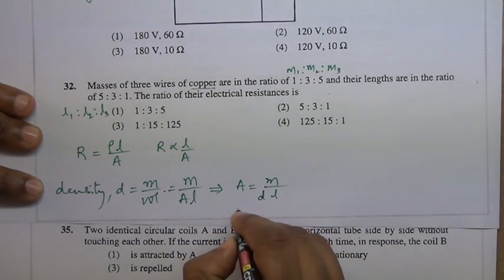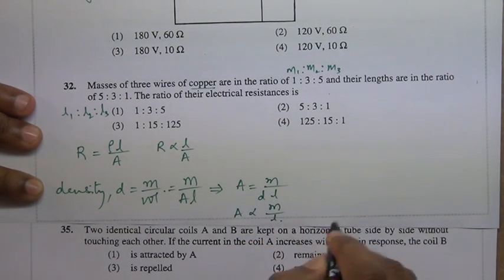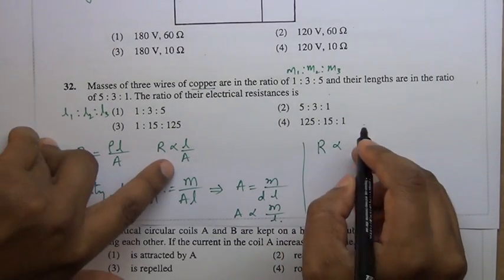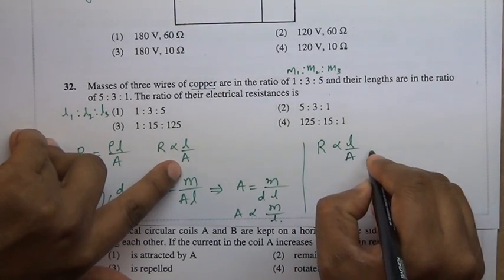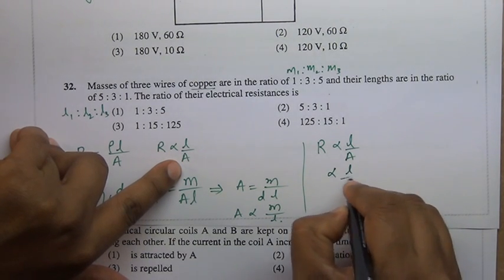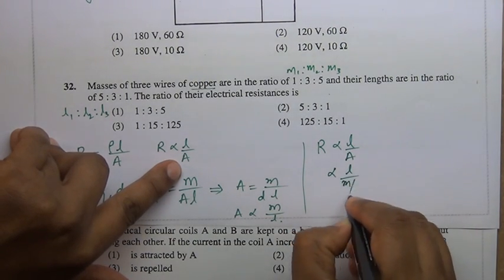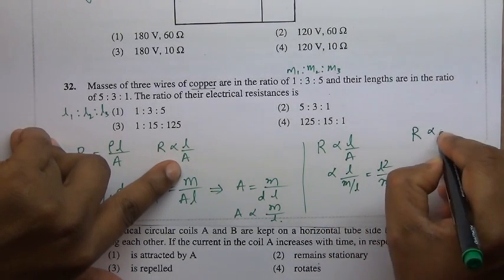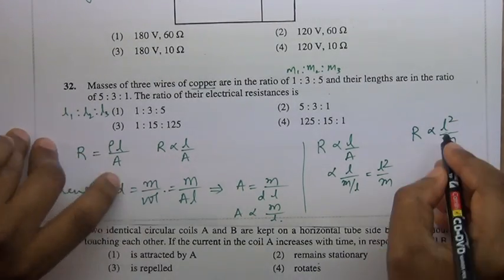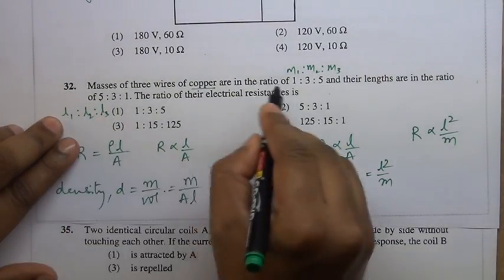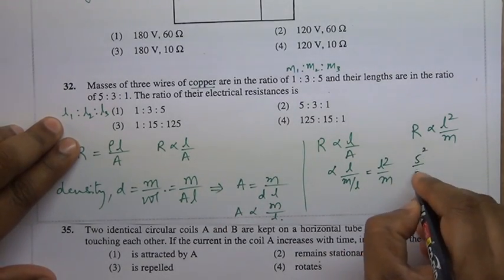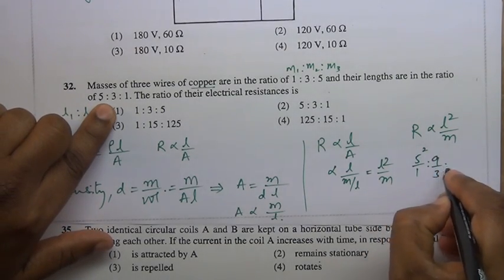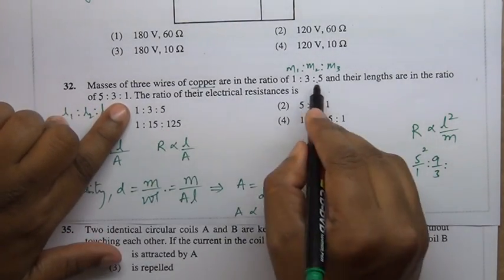So area is proportional to mass by length, therefore resistance is proportional to L by A, which is also equal to L by M by L, which is L square by M. Resistance is proportional to L square by M. L square: 5 square by 1, 3 square by 3, 1 square by 5 is 25, 9 by 3 is to 1 by 5.